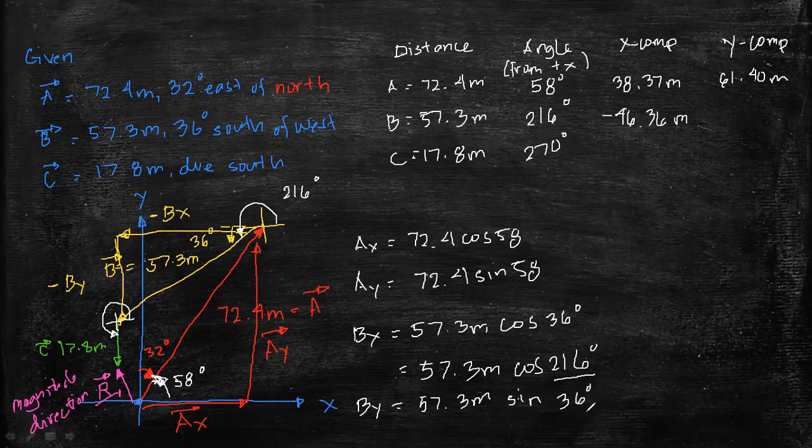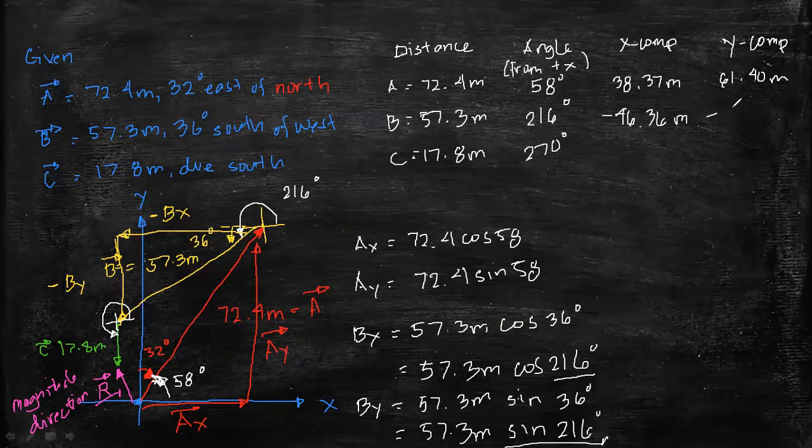It will give us again a positive value, and we must refer to the illustration that By is directed south, meaning a negative value. So if we use 57.3 meter times sine 216 degrees, it will give us directly a negative value of negative 33.68 meter.